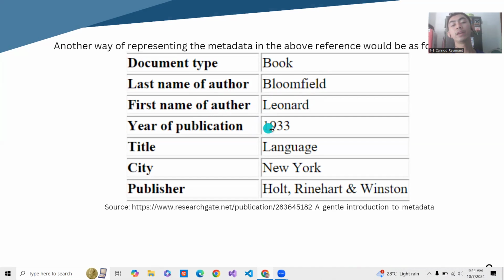The year of publication, of course. Title, so here's the title. It depends, kasi dito hindi siya mga books of title. Dito is language. So city and then the publisher.